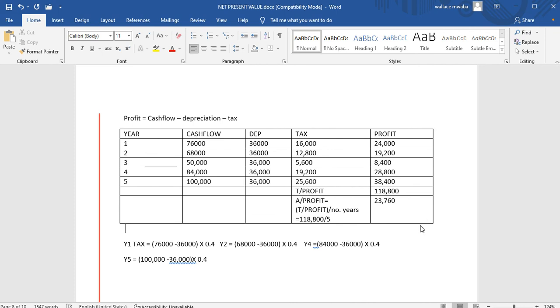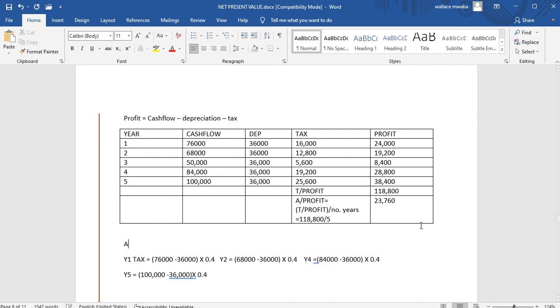Once we get our average profit, now we can look forward to our average investment. Average investment equals the cost plus scrap value divided by 2.